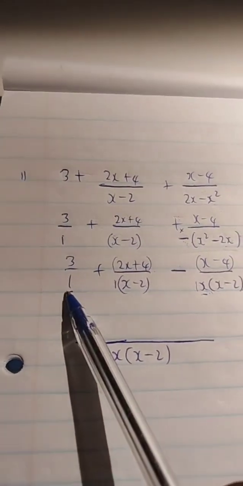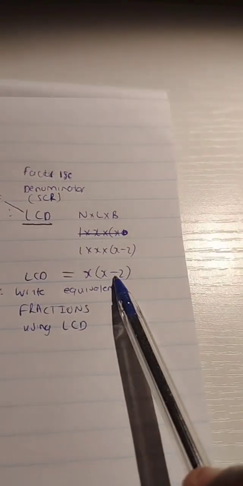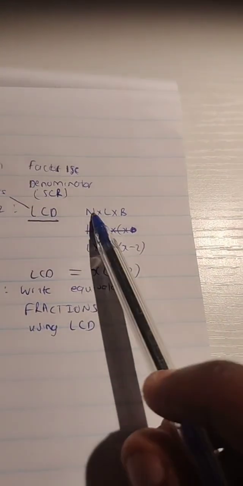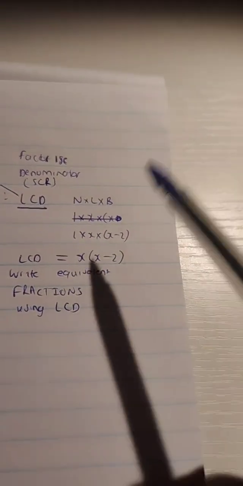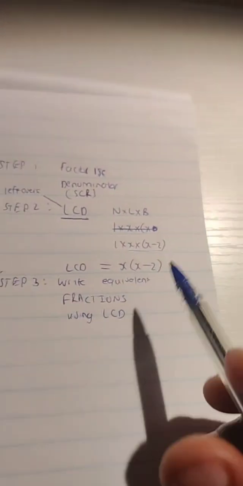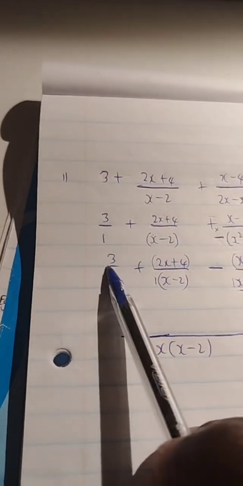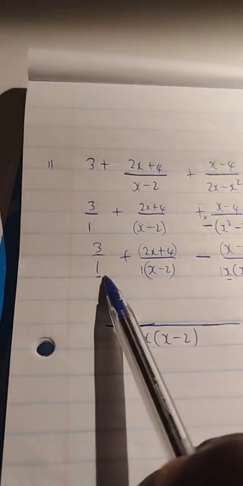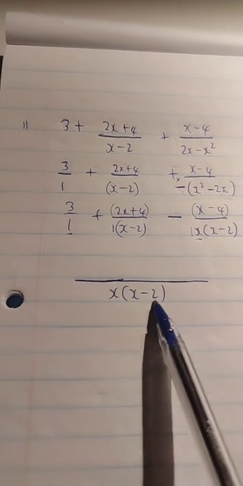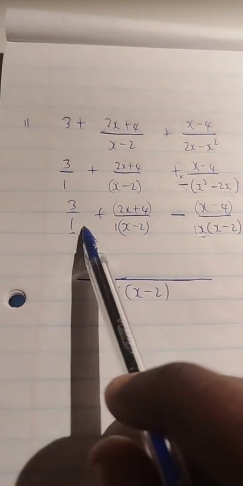What do we have? We have 1. Who is missing? Remember, 1 was there. X into x minus 2 is missing. So we are going to multiply 1 by x into x minus 2 so that we have this denominator for this fraction as well.